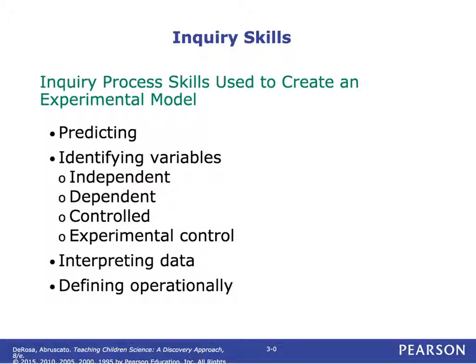So a good experiment should test one variable and keep all other conditions the same in order to avoid confusion about what's truly happening and about what's truly causing the results that we're observing.